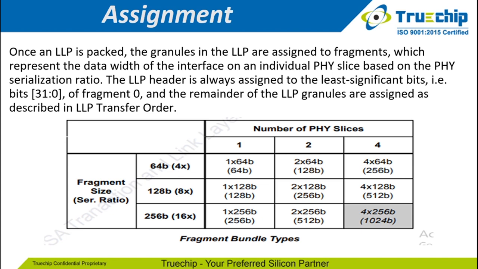For 2 slices, data will be 256 bits, and for 4 slices, 512 bits will be transmitted. And for fragment size 256 bits, if the PHY layer has one slice, then 256 bits will be transmitted, and if it has 2 slices, then 512 bits will be transmitted.